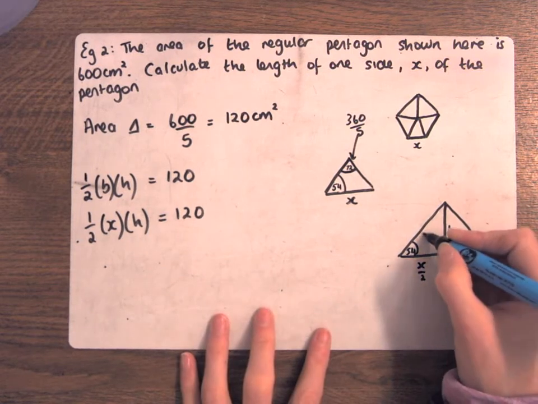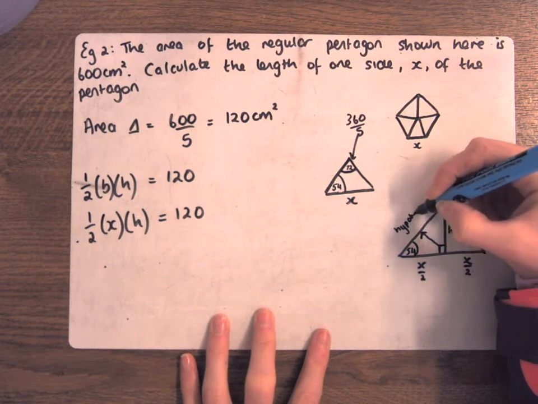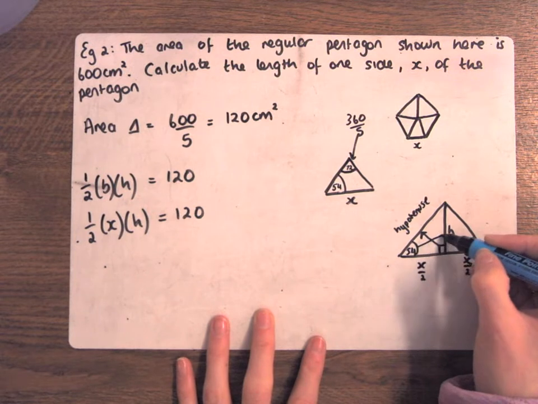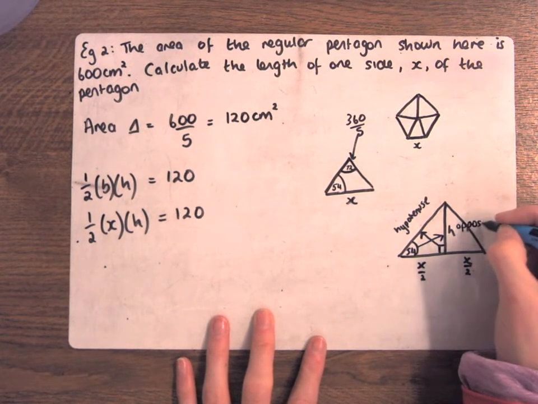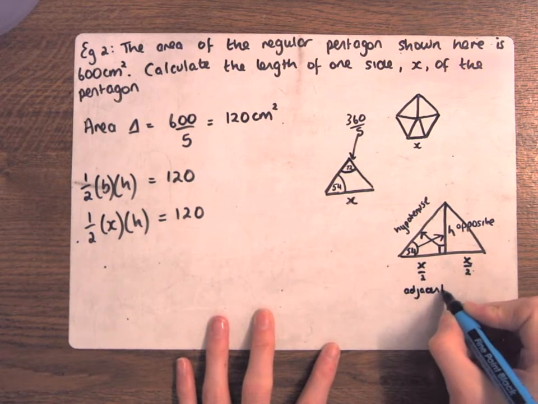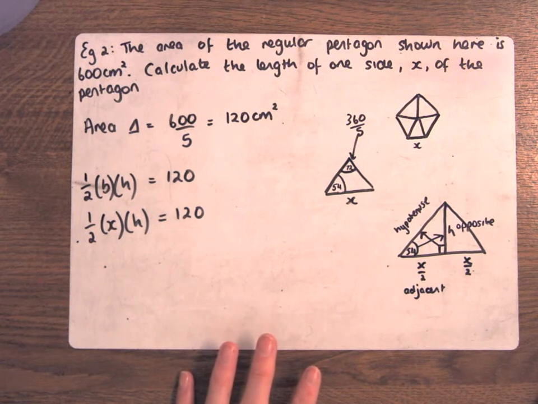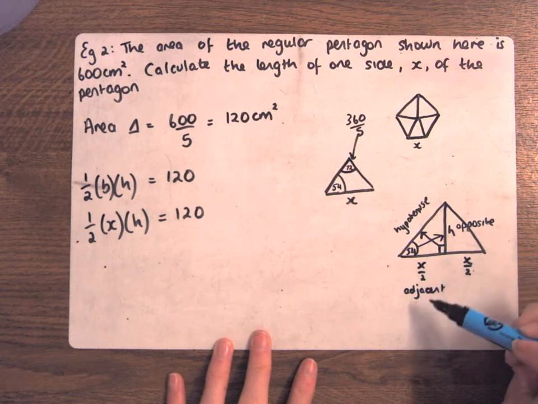So straight across from the right angle is your hypotenuse. No use to us here. Straight across from the angle is opposite. And the one that's left, adjacent. So in this question, I have opposite and adjacent.